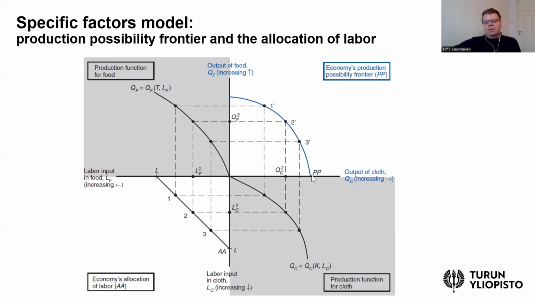This kind of extreme specialization in clothing would not necessarily be beneficial because of the diminishing returns in clothes production, and therefore it would require extremely high prices of clothes compared to food to justify that kind of specialization. So this is how the specific factors model does not lead to such extreme specialization, because the production possibility frontier is curved away from the origin.